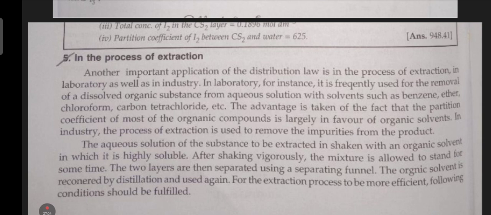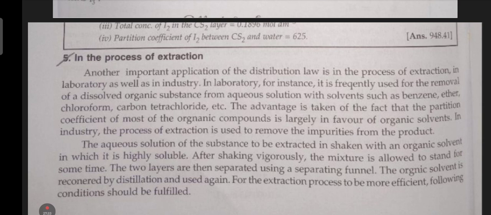In the laboratory, for instance, it is frequently used for the removal of a dissolved organic substance from aqueous solution with solvents such as benzene, ether, chloroform, carbon tetrachloride, etc. The advantage is taken of the fact that the partition coefficient of most organic compounds is largely in favor of the organic solvent.